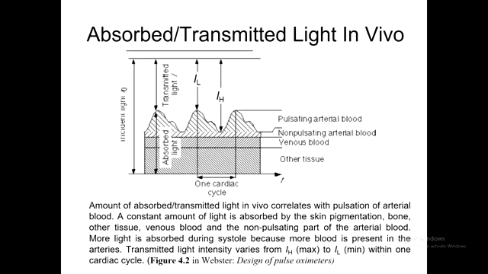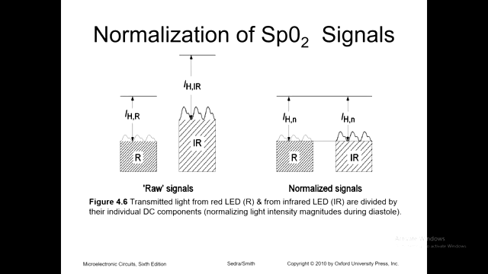Now, I mentioned before that there's a background DC level which is due to absorption through the background unperfused part of the finger or toe or earlobe, and that needs to be subtracted out of the signal, if you will, and the way that is done is by normalisation of both the infrared and the red, which have different sensitivities, so it's a dynamic situation that needs to be managed basically.